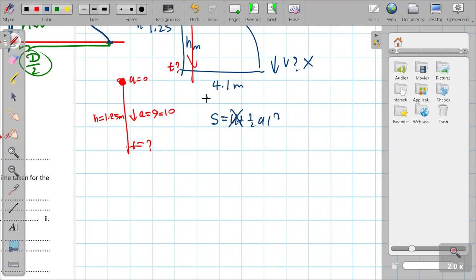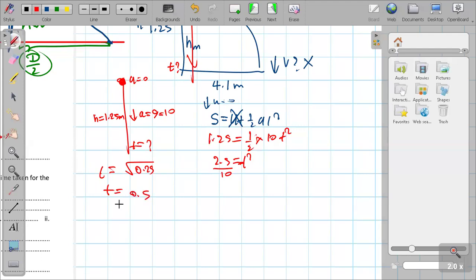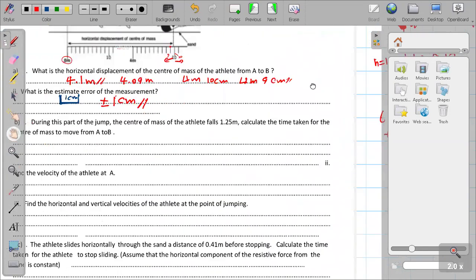U is 0 because downward u is 0. 1.25 equals half by 10 by t to the power 2. Cross multiplication, it becomes 2.5 over 10 is equal to t to the power 2. T will be square root of 0.25. That means t is 0.5 seconds. Time is 0.5 seconds.